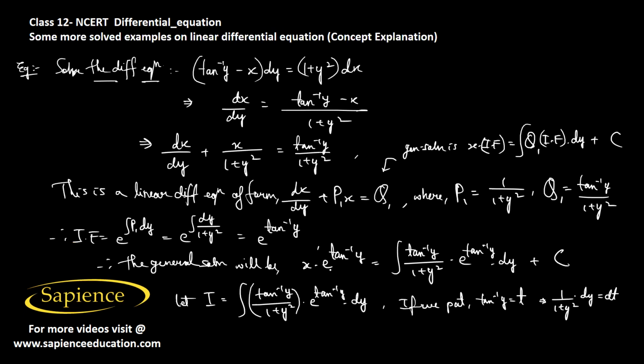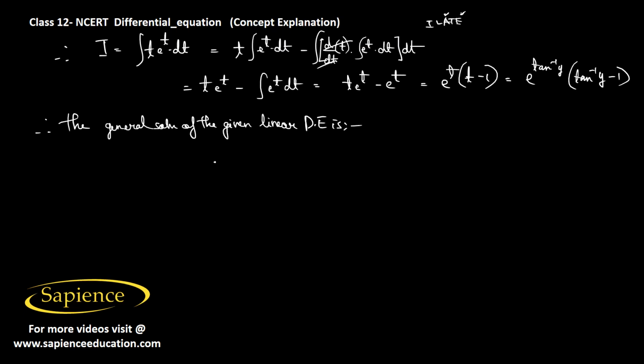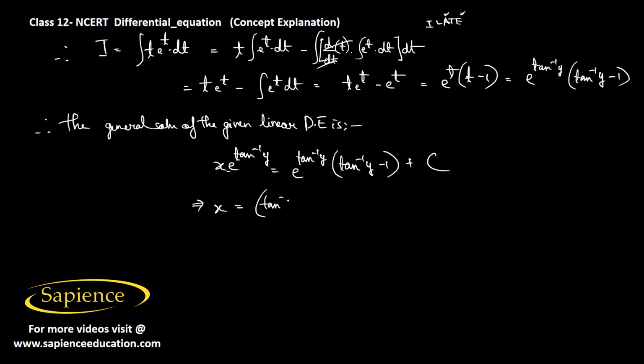This we have taken as I. So x into e power tan inverse y equals e power tan inverse y into (tan inverse y minus 1) plus c. Now we can also divide both sides by e power tan inverse y. Then we will get x equals tan inverse y minus 1 plus c into e power minus tan inverse y. So this is the required general solution. So this is the answer.